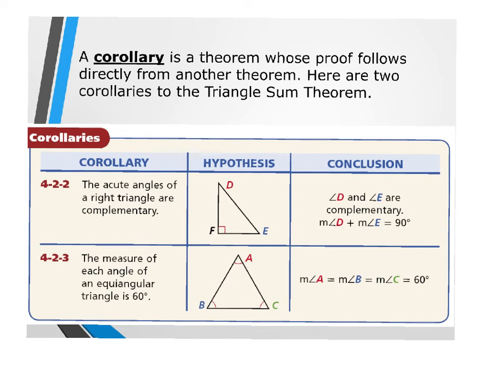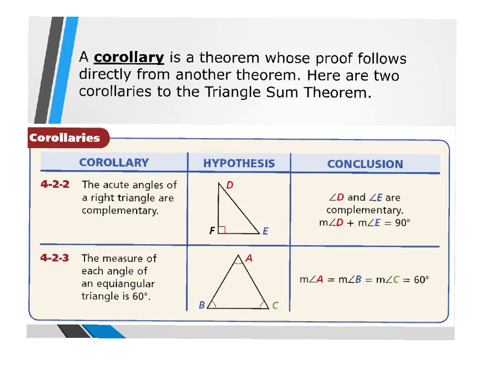A corollary, that's what these next two types of theorems are. A corollary is a theorem whose proof follows directly from another theorem. So here are two. We have this corollary that follows the triangle sum theorem. It says the acute angles of a right triangle are complementary, which is true. Since a triangle only has 180 degrees inside, if this is 90 degrees, what's left over from 180 is 90 degrees.